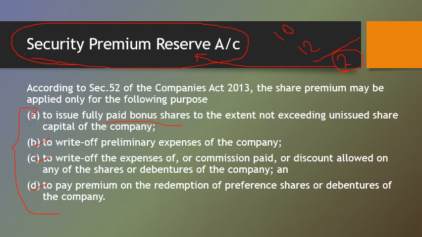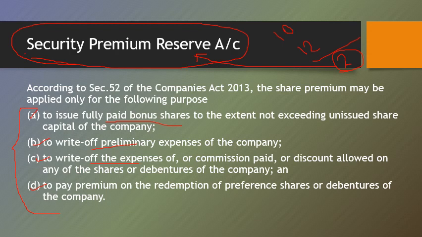First, to issue fully paid bonus shares; to write off preliminary expenses; to write off expenses on issue of shares such as commission, discounts, etc.; and to pay premium on the redemption of preference shares. So these are the four purposes for which the balance in the security premium reserve can be utilized.